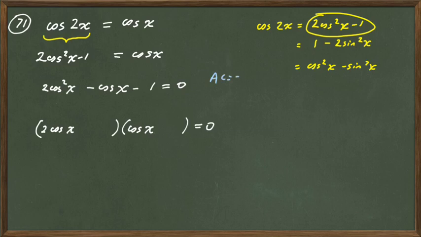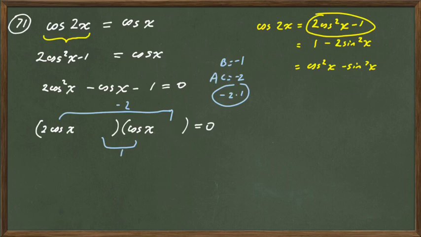A times c is negative 2. And what's b? So negative 2 times 1. If you've done enough of them, 2 times what is negative 2? And 1 times what is 1? If I make this equal 0, I get cosine of x to equal negative 1/2.